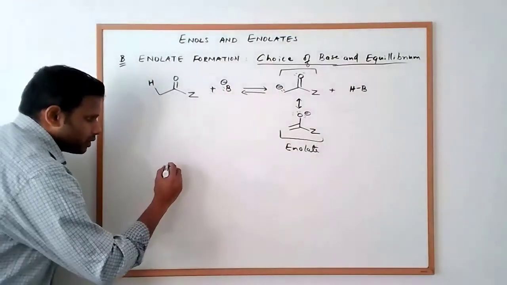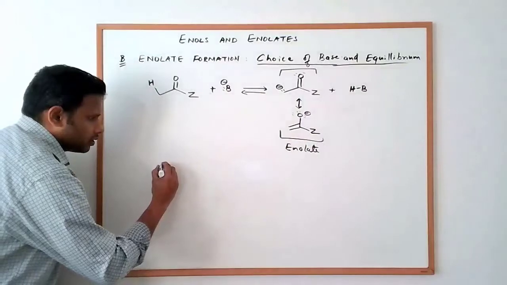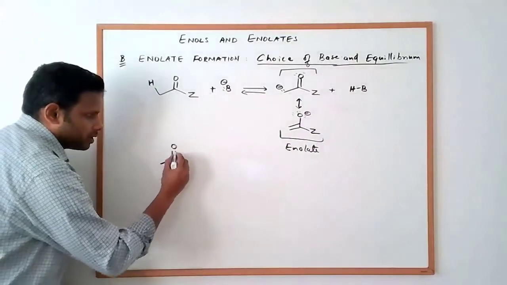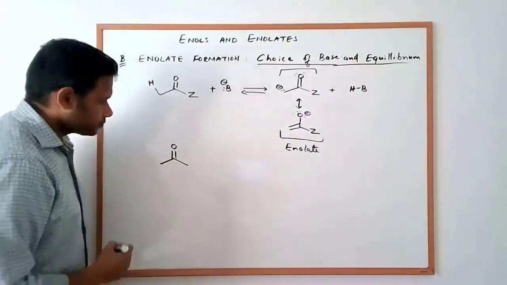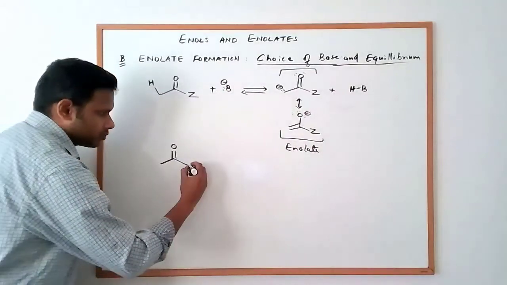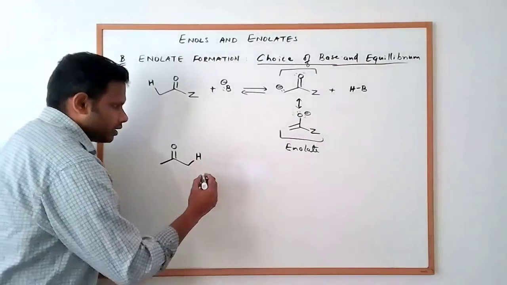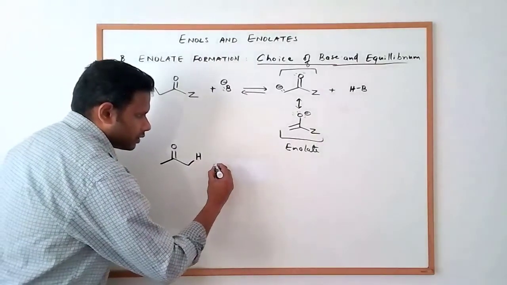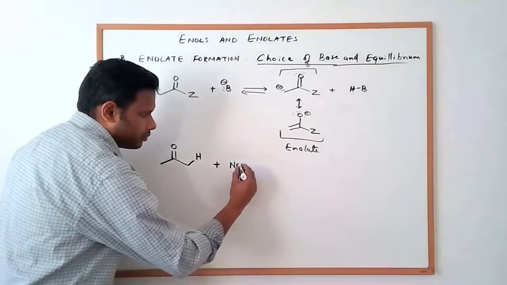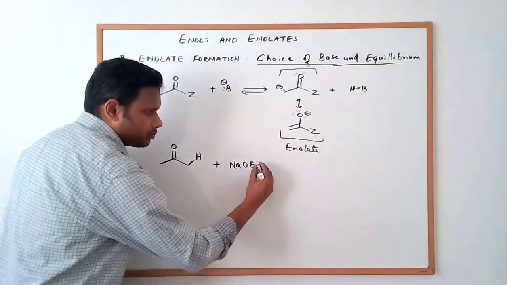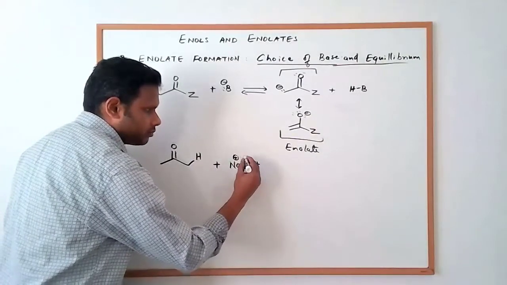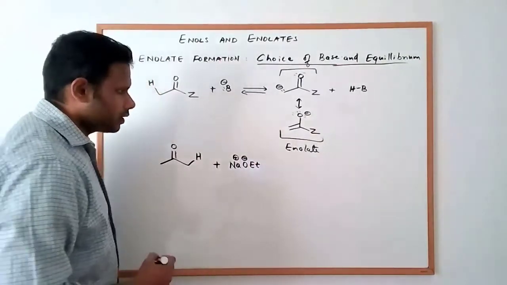Let's assume that we have a simple carbonyl compound, let's say acetone. That's a ketone. I'm going to draw out one of these alpha hydrogens. And if we use a base like sodium methoxide or sodium ethoxide, let's say sodium ethoxide, we're using a sodium alkoxide.